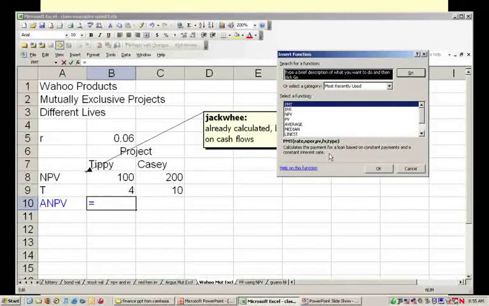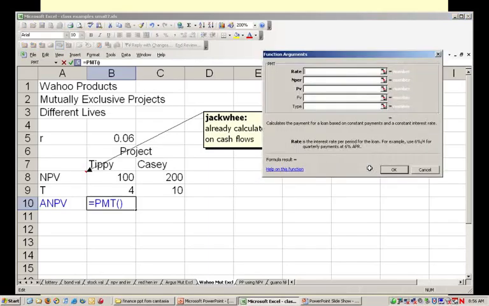We are going to use the PMT function when we get into loan amortization later on in the course. But the PMT function can also be used to convert a net present value into an annualized net present value, or net present value generated per year. So we say, okay, that's the function we want.